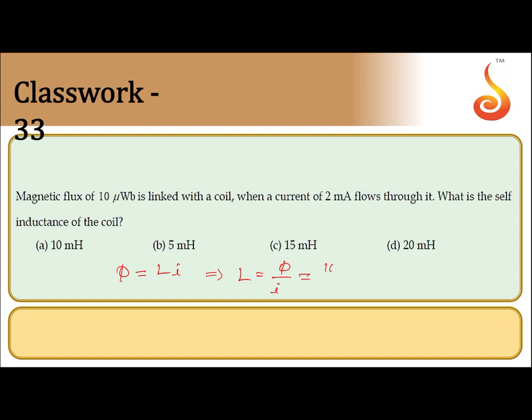Flux linked with the coil in this case is 10 microweber, 10 power minus 6, divided by current, which is 2 milliampere, 10 power minus 3. So that will turn out to be 5 into 10 power minus 3, that is 5 millihenry.